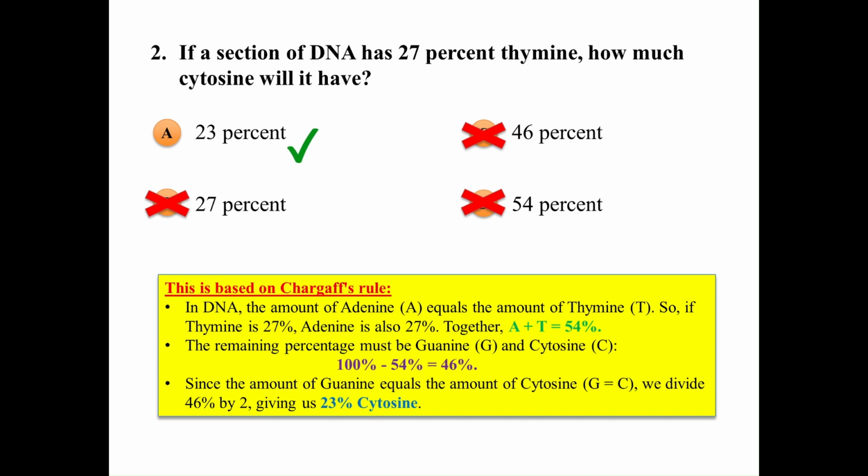So if thymine is 27%, adenine is also 27%, and together they will give 54%. And then the remaining percentage must be guanine and cytosine, which is 46%. Then divide by 2, you will get the percent of cytosine, 23%, and also for guanine, 23%.